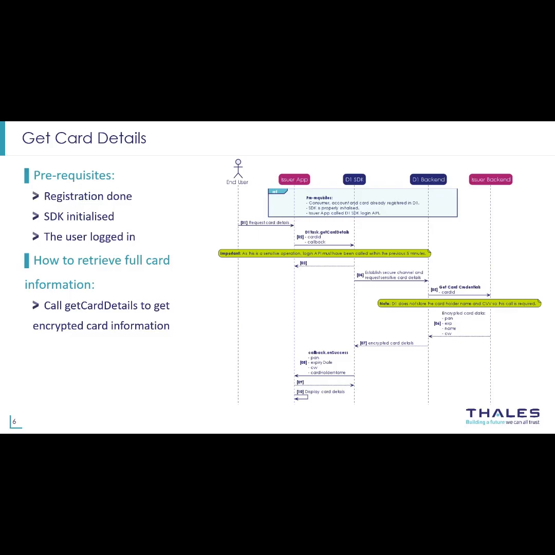This is a sensitive operation, so we should be sure that the customer has been authenticated within the previous 5 minutes. As you can see in step 5, there is some integration with your card management system. Our D1 service checks your card management system to retrieve the card details. The encrypted data is sent back to SDK where the decryption happens, and then it can be propagated to the UI.